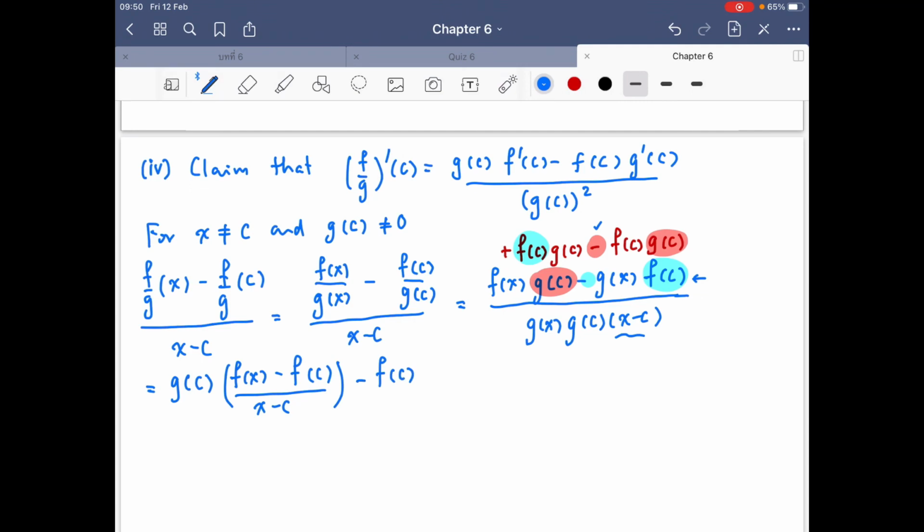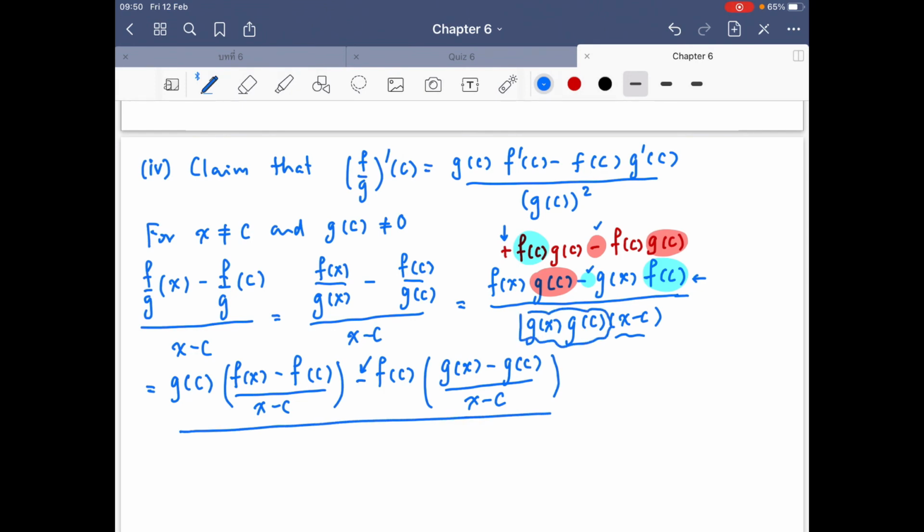Because you do the subtraction out, now you have your g of x minus g of c over x minus c as well, and you need the minus sign because your negative is already here. And then for all the quotient, you still have these two terms at the bottom, g(x) and g(c).